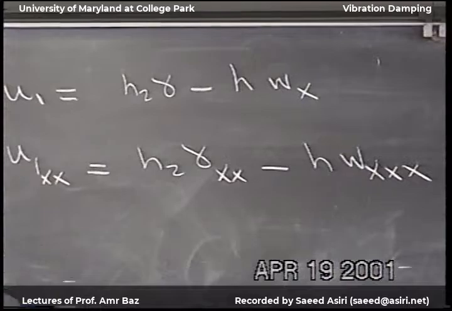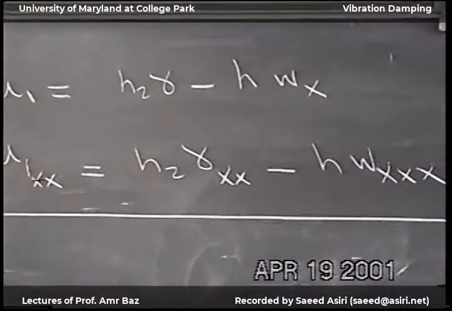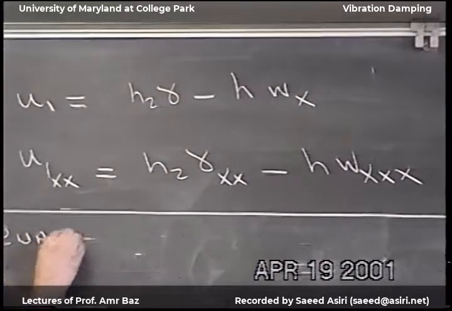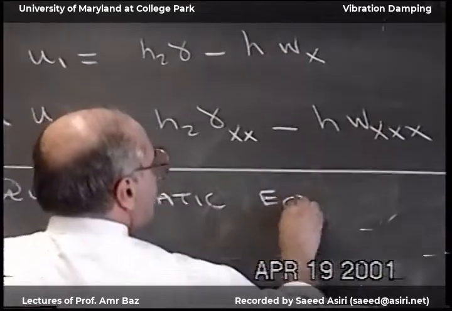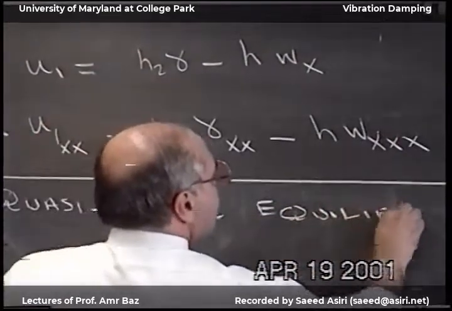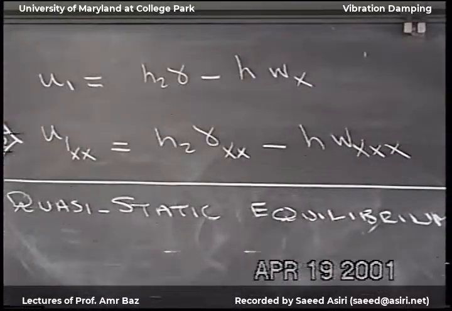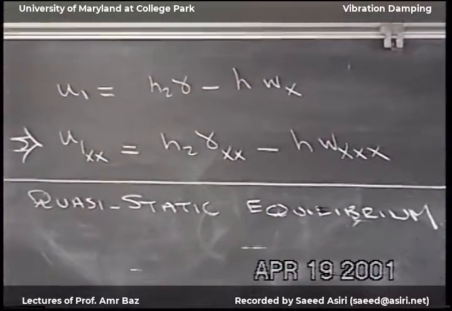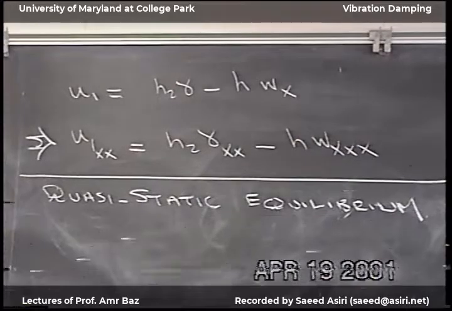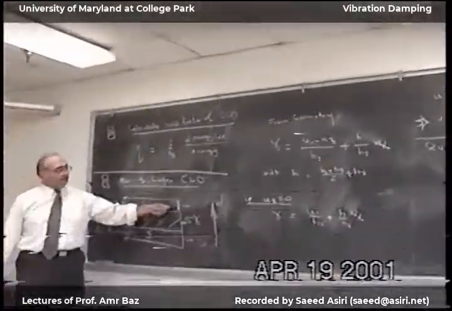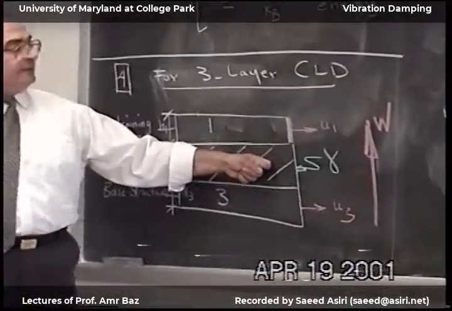And then now we'll say we have equilibrium, again quasi-static equilibrium, when the load acting on the top layer is counterbalanced by the shear in the viscoelastic layer.